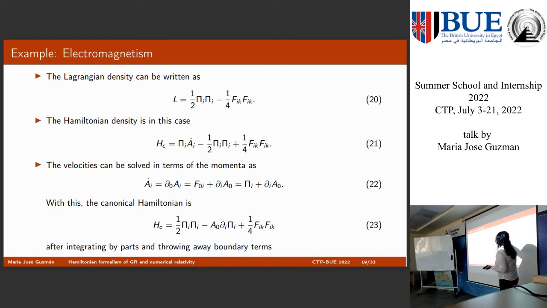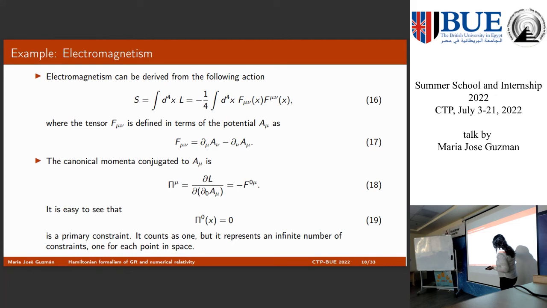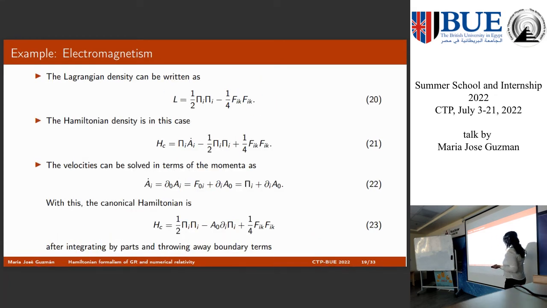Therefore, I write the Hamiltonian density. As I showed you before, it was pi times velocity minus the Lagrangian. So here is the canonical Hamiltonian. And as I also showed you, here are the velocities, but here I write them explicitly. The velocities, indeed, can be written in terms of the momenta and something that does not have any velocity.